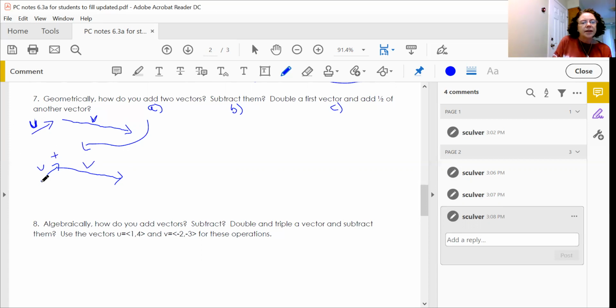And my resultant vector starts at the initial point of U, my very starting point, and goes to the very end point. I will draw a dashed vector to show that. This is called my resultant vector.